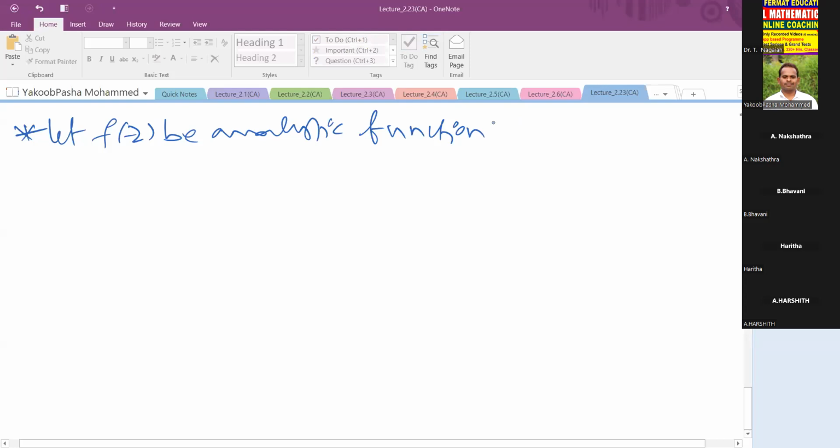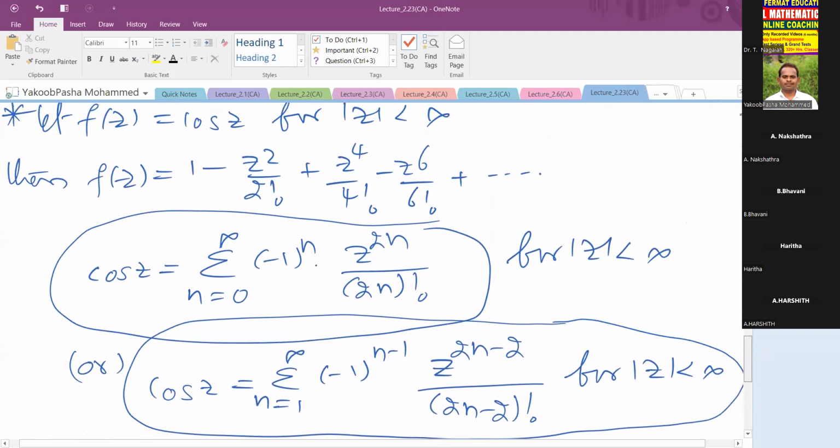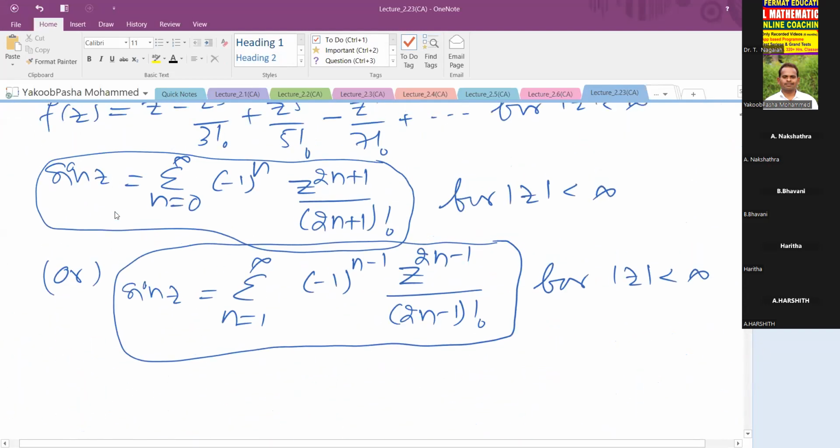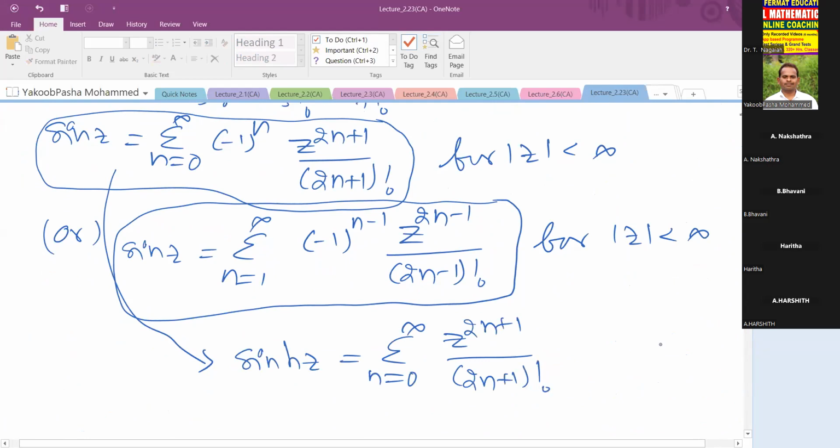sin hz and cos hz. Here, in sin hz and cos hz, you simply have to remember that from this we can write sin hz as the hyperbolic function, just summation n is equal to 0 to infinity z power 2n plus 1 divided by 2n plus 1 factorial. There are no negative terms, all positive terms.